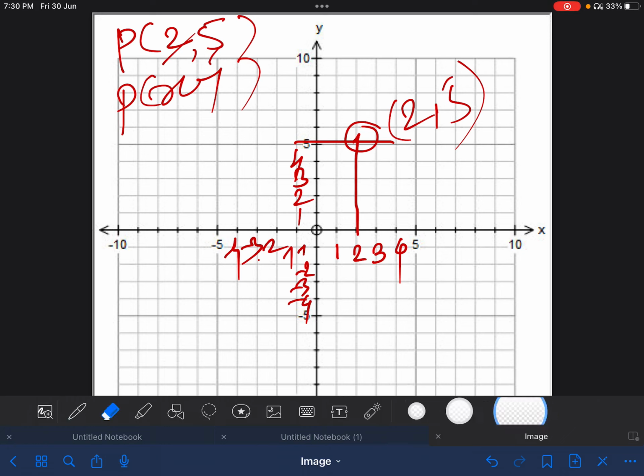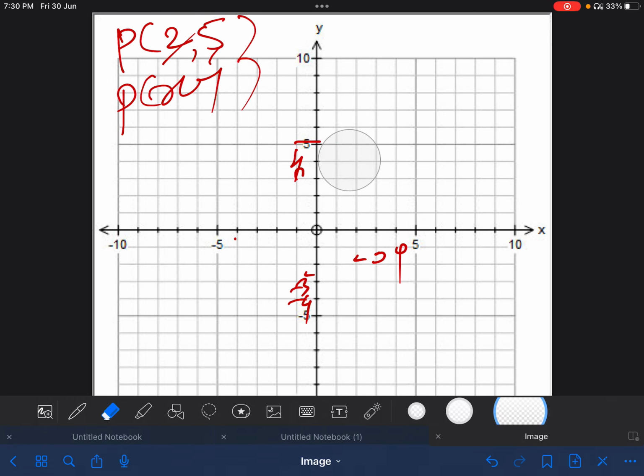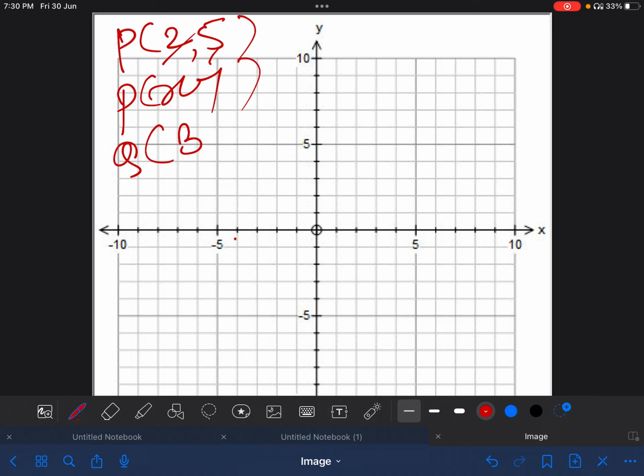Similarly, let's take an example. If you want to draw the next point, suppose point Q, which has a value of -3 and 5. So the value of X is -3, so this is -1, -2, -3.